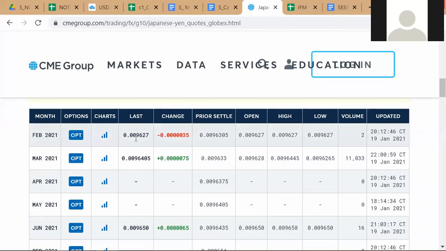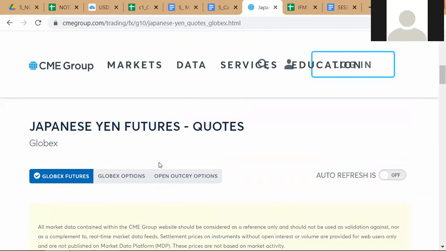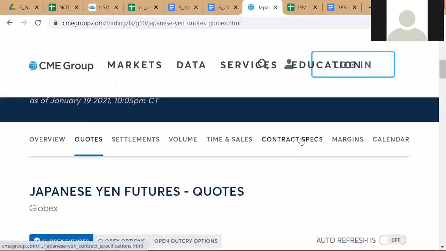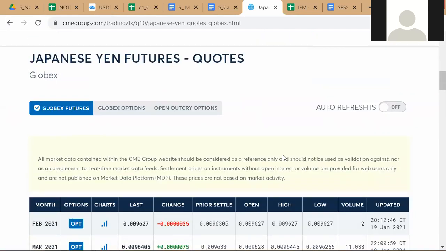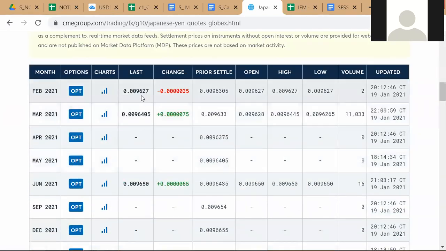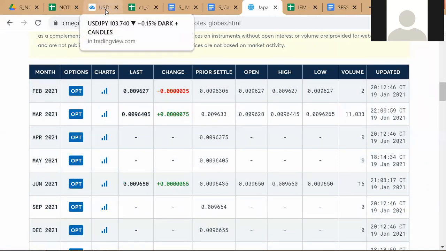Okay, because this maturity is a different date from the maturity date that you have in the case of the spot contract. So it's Feb 2021. You have to look at the contract specifications and find out what the settlement date is. So it's a different price. So that's why this price will not be the exact inverse of this price. So it's 103.74. It's showing you the price here.